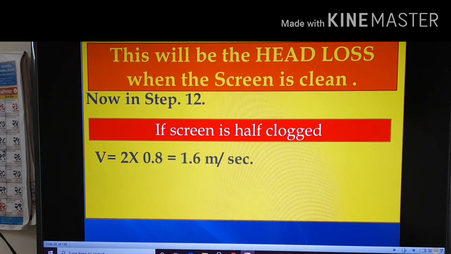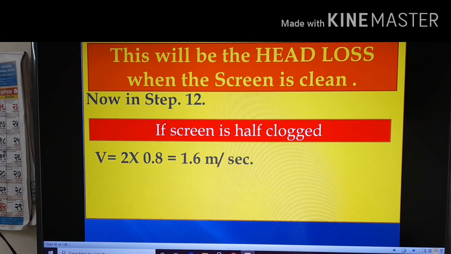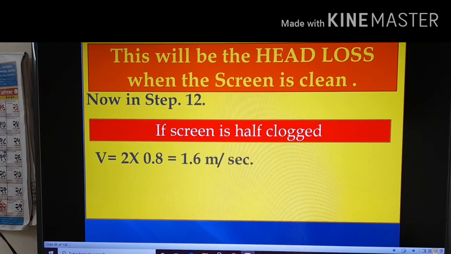Now, we are concentrating on if the screen is half clogged. Okay. At that time, we consider that capital V is equal to 2 multiplied by 0.8. Therefore, velocity will be 1.6 meter per second.